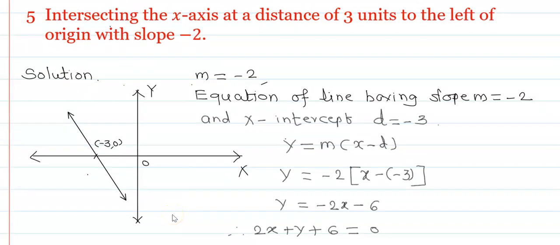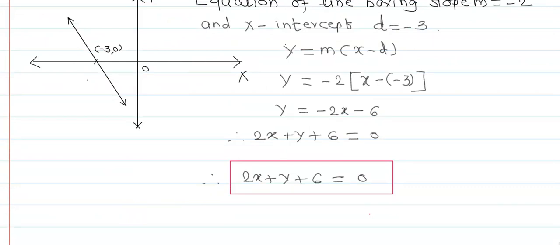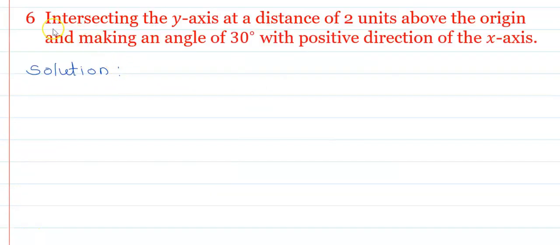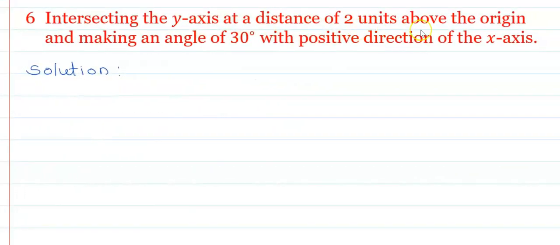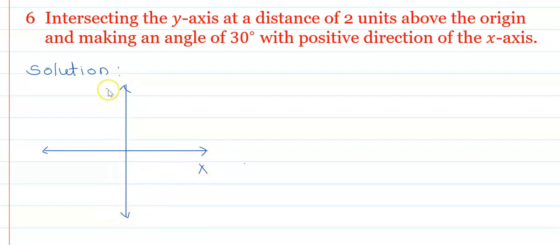Now the next problem. Find the equation of a line intersecting the y-axis at a distance of 2 units above the origin, making an angle of 30 degree with the positive direction of x-axis. You can see the picture. This is the x-axis, this is the y-axis, origin.